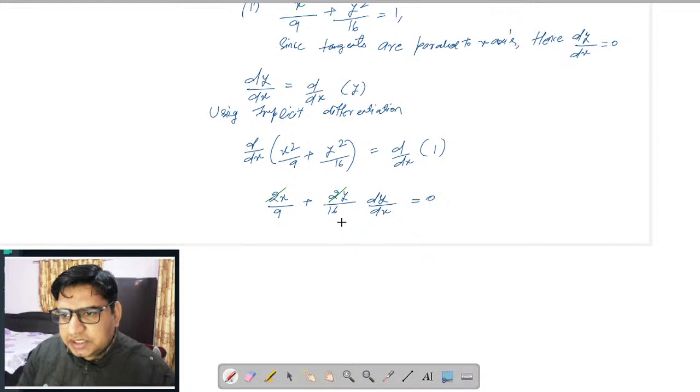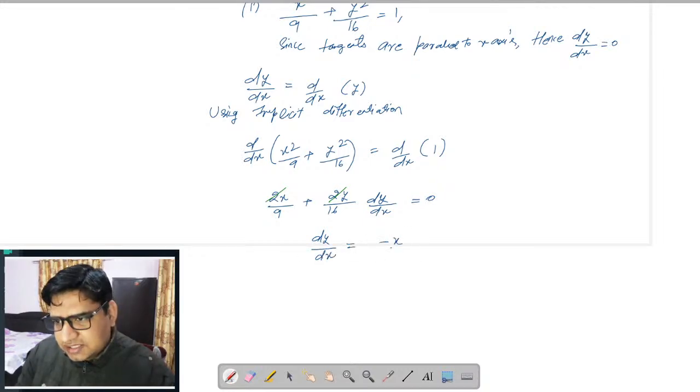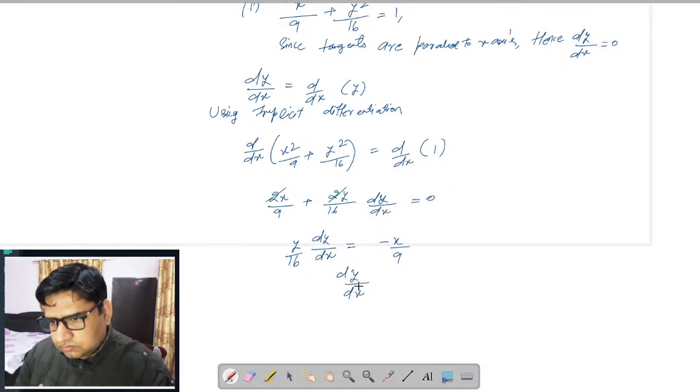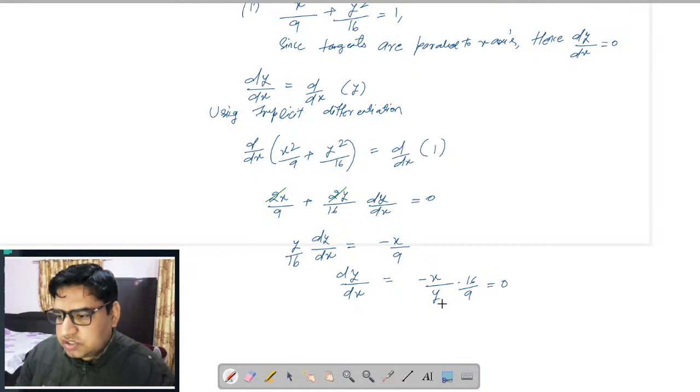We'll simply write down dy by dx is equal to minus x by 9 divided by y by 16, so dy by dx is equal to minus x upon y times 16 upon 9.